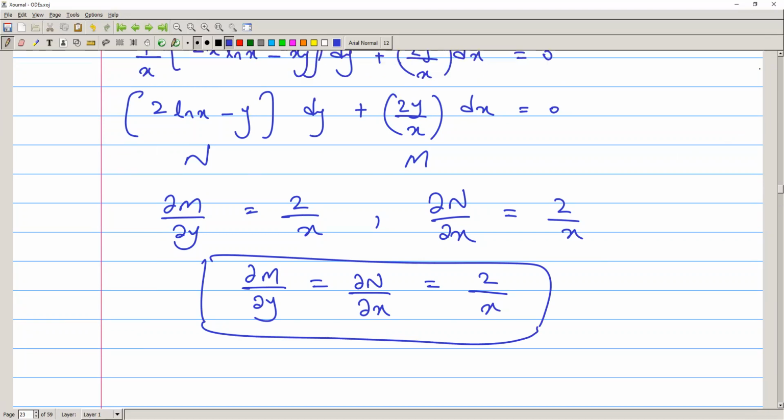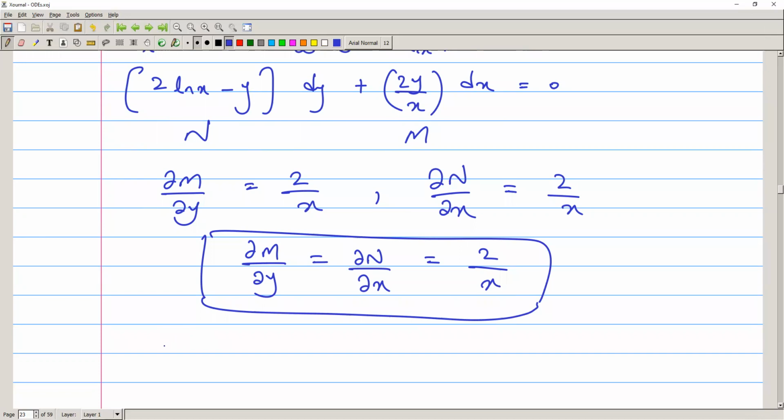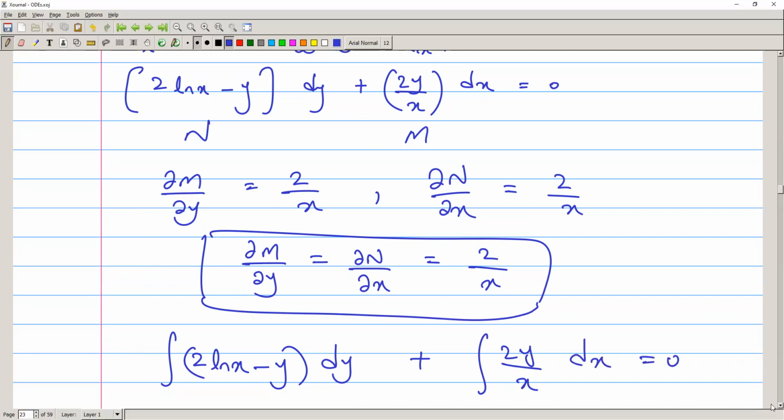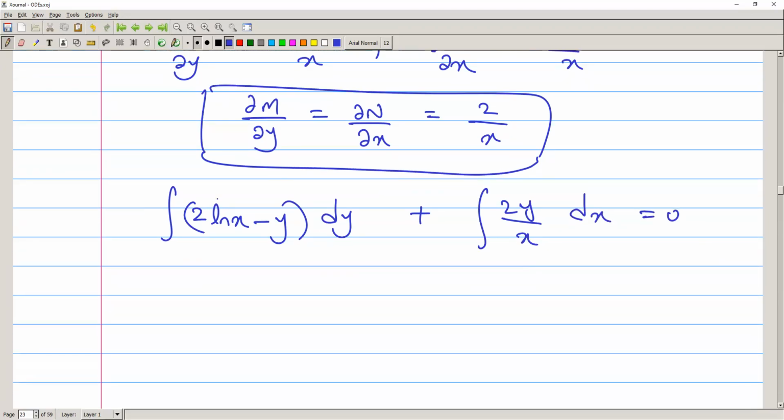So the integral of this function will be the integral of (2 ln x minus y) dy plus 2y over x dx is equal to 0, where we already said that any function of x will be 0 here, and any y will be constant here, right?